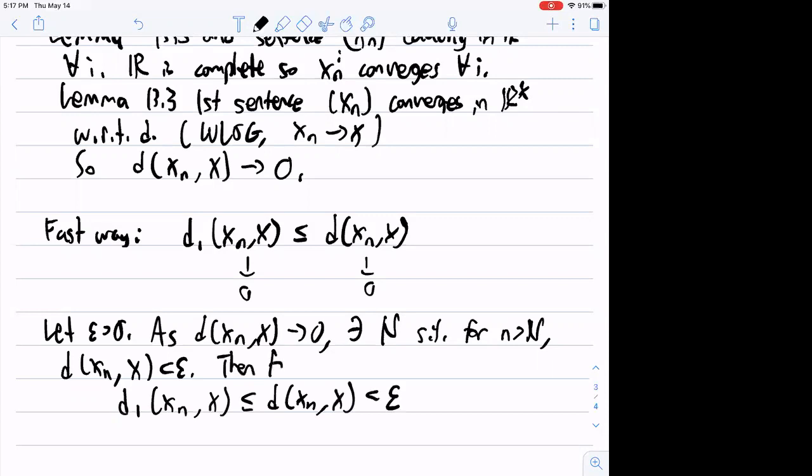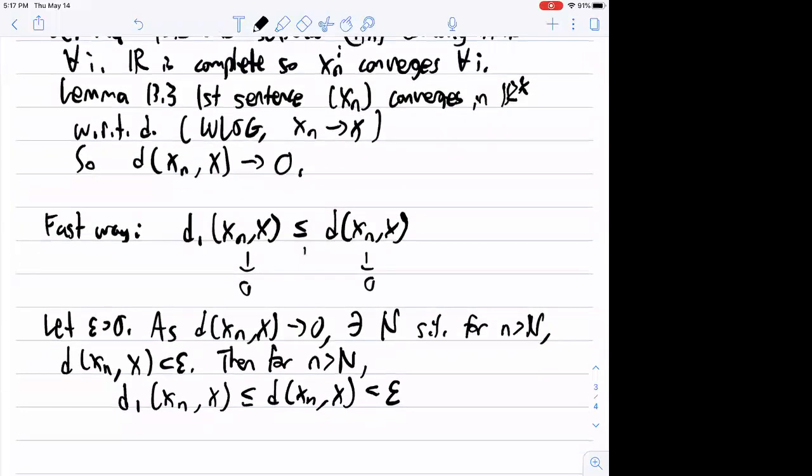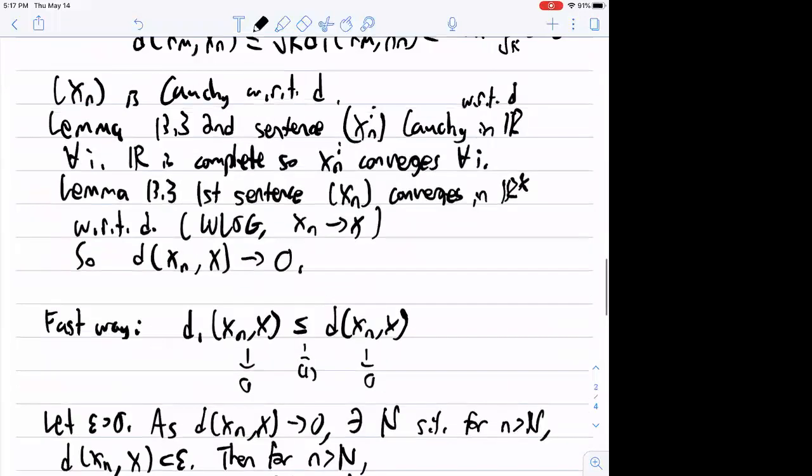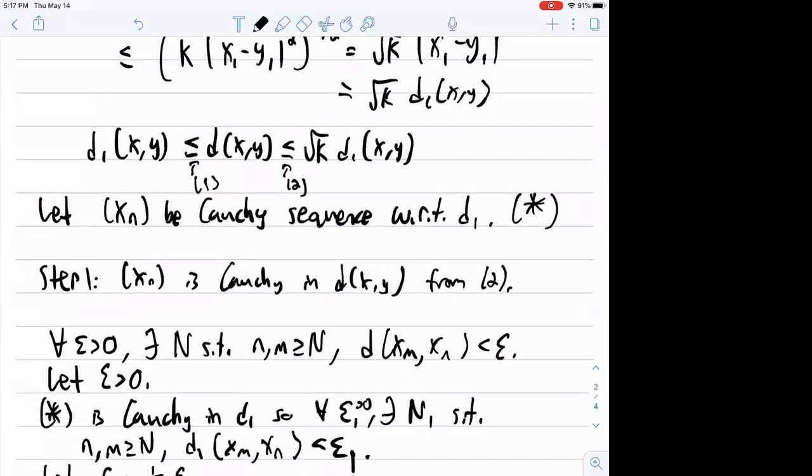And then you're done. This thing converges. So you see here, I'm using 1. You need two ways: 2 is to show that it's Cauchy in D, and then 1 is to show it converges in D1. Is everyone clear so far?